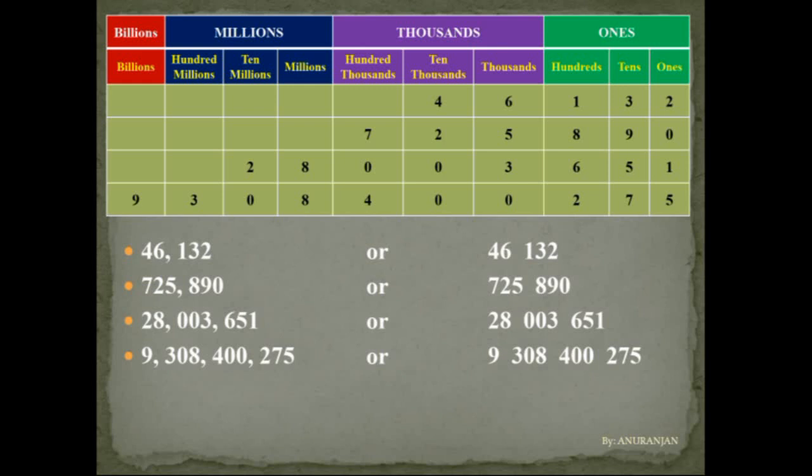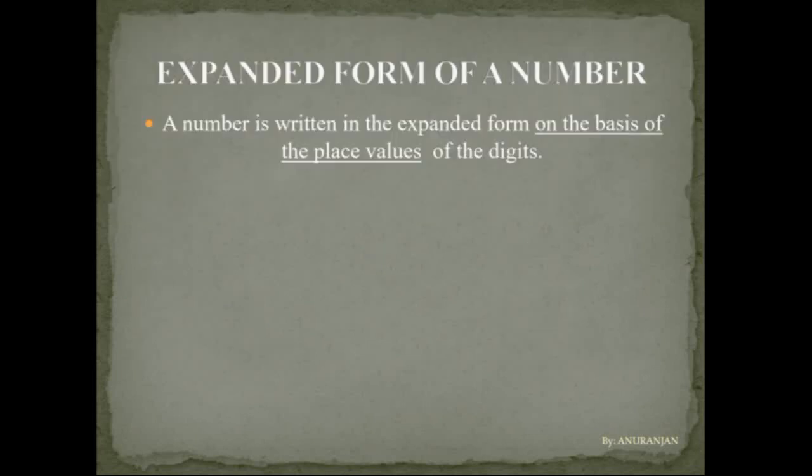It will be preferable if you use commas instead of leaving spaces when you represent the numbers in figures, either using Indian place value chart, or using international place value chart. Because if your spacing is not appropriate, then it may lead to loss of marks in the exam. So I hope you have understood. Now let's proceed.